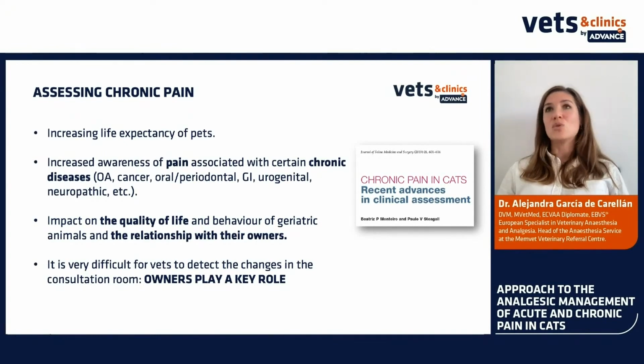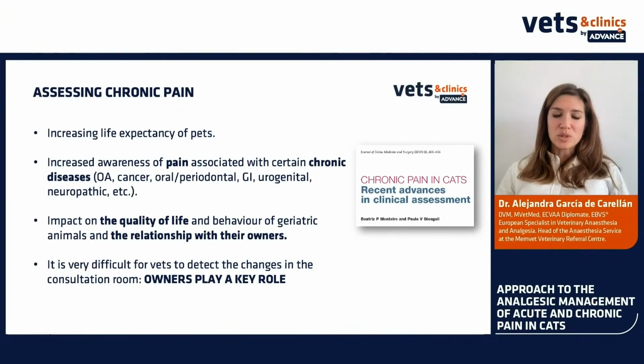We notice the cat cannot jump as much as he used to, for example, or he is having problems going to the litter tray. These are other kinds of chronic pain states that we can find, and they impact the quality of life and behavior of these geriatric cats, and especially the relationship with their owners may change.